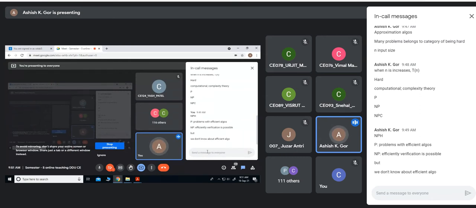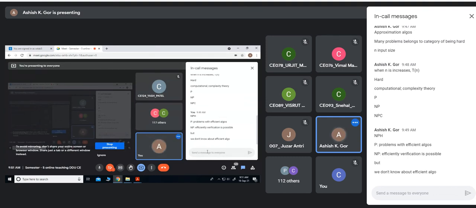Nobody can prove that it does not have an efficient algorithm, or even knows whether it exists or not. So for those problems, verification is very simple, in polynomial time, while the actual computation to get the answer is very difficult, which is the NP hard or NP complete kind of thing.